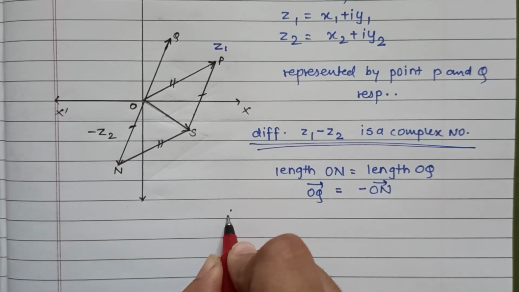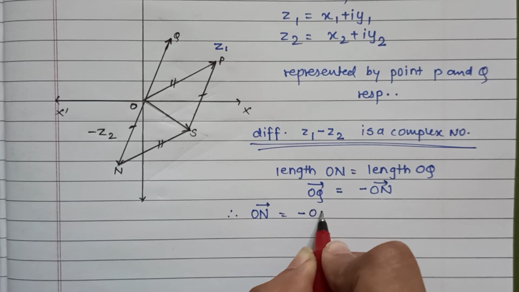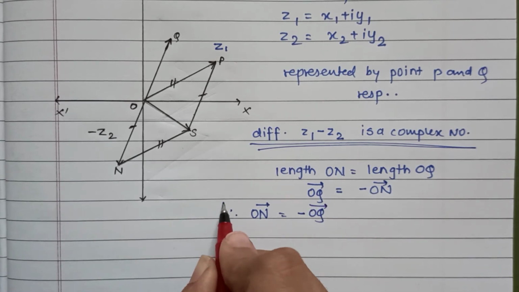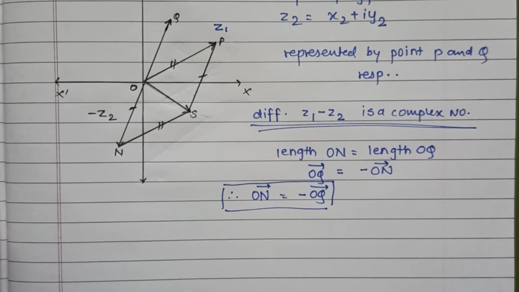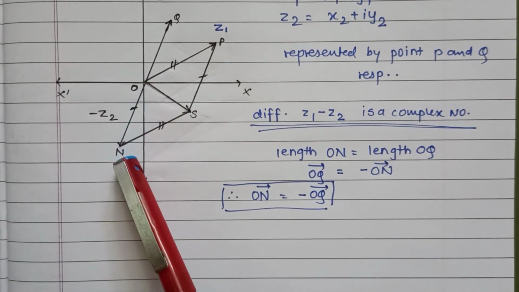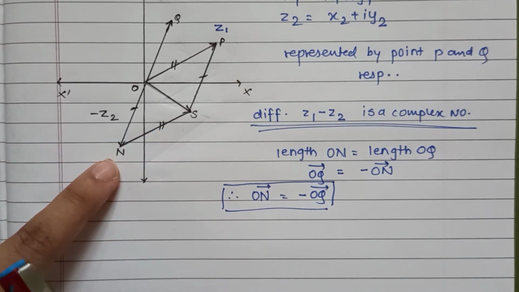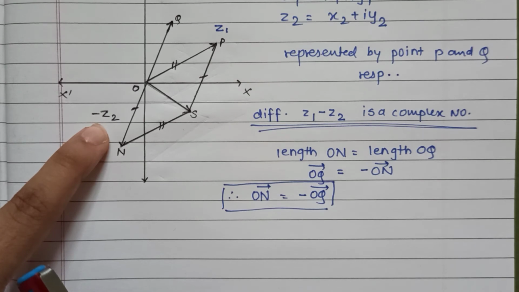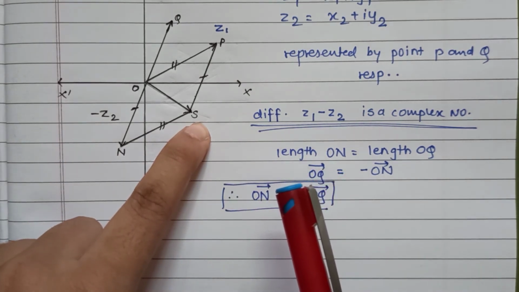Therefore, ON is equal to minus of vector OQ. Vector ON is position vector of point N, which corresponds to complex number minus Z2. Point S represents difference Z1 minus Z2.